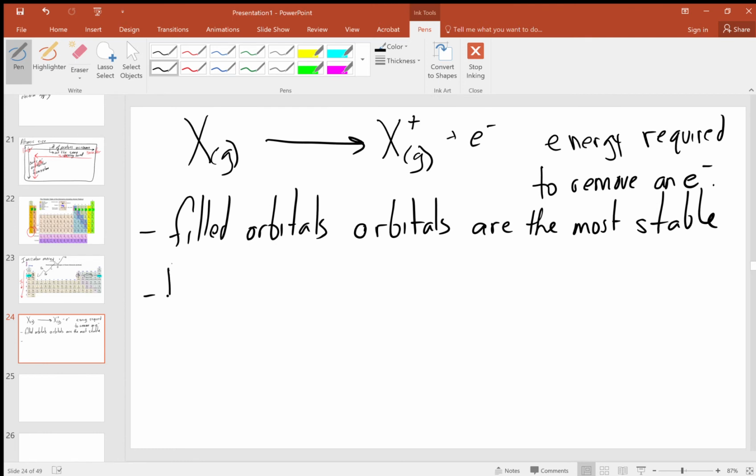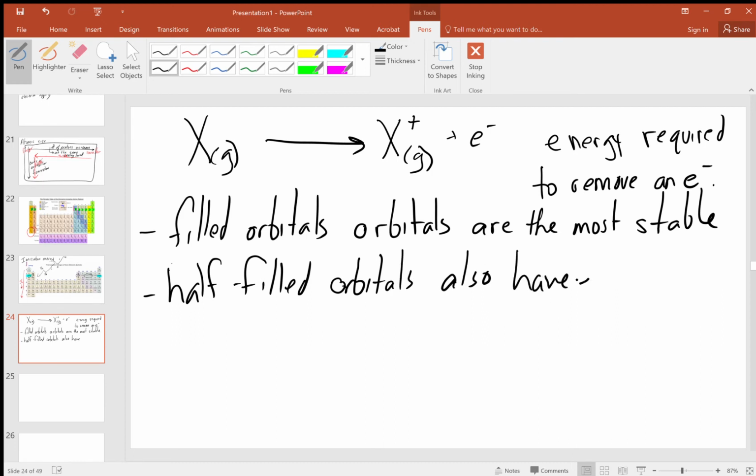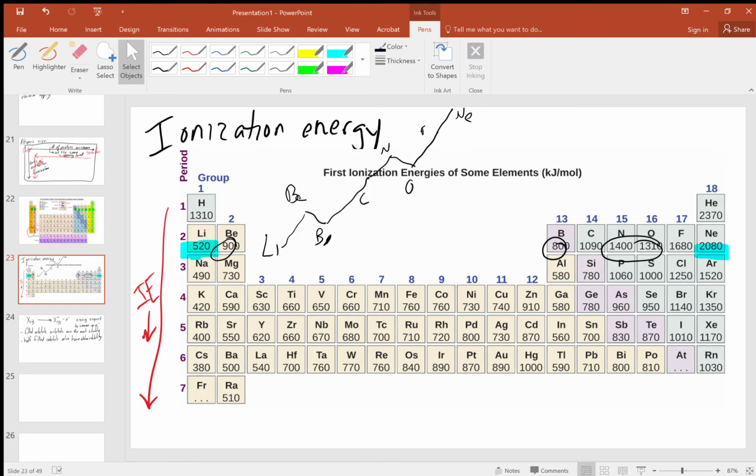But half-filled orbitals also have some extra stability. So if we go back to our periodic table, we have lithium. Pretty easy to take an electron away.